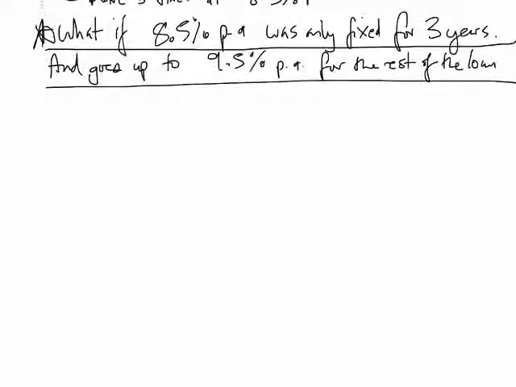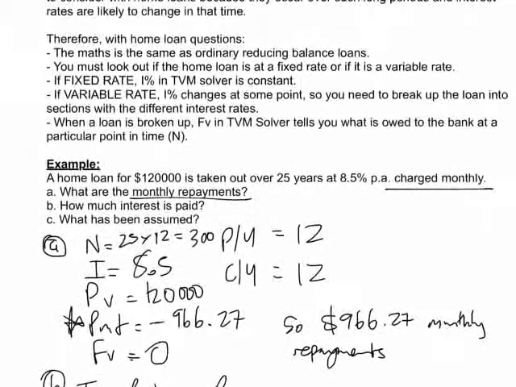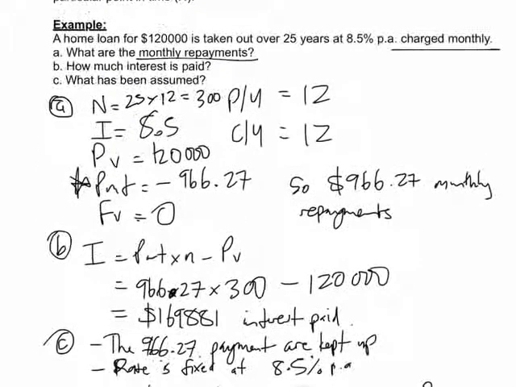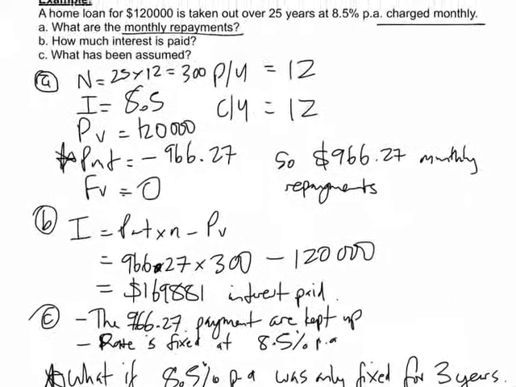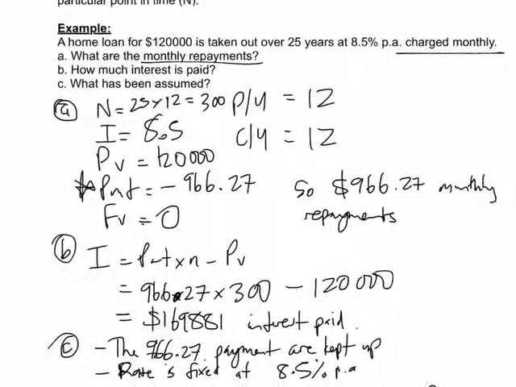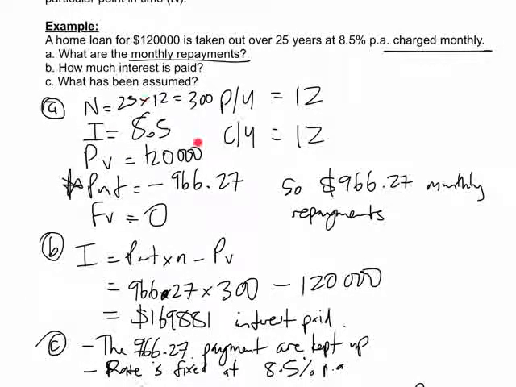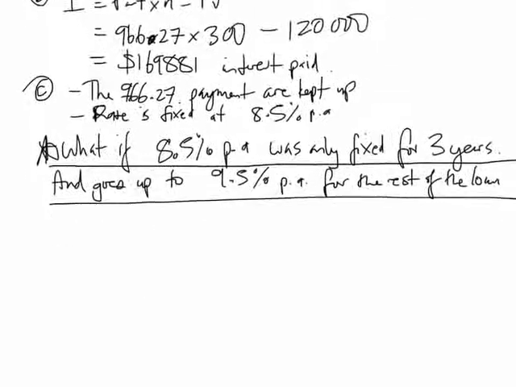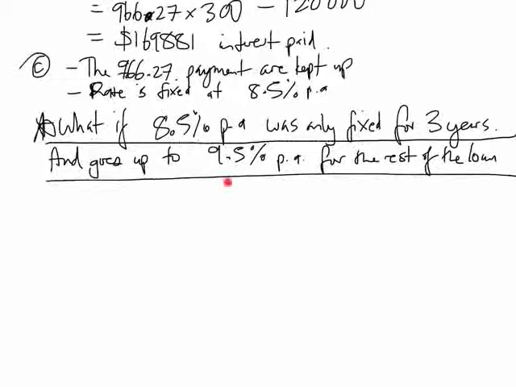Well, to do that, we're just doing what was spoken about up here. You're going to be breaking the loan up into the different sections that have different interest rates, and you already have half the information up here. You already have the information for the 8.5% per annum section. You're just trying to work out how much is owed after 3 years, so you can do the 9.5% per annum section of the loan.